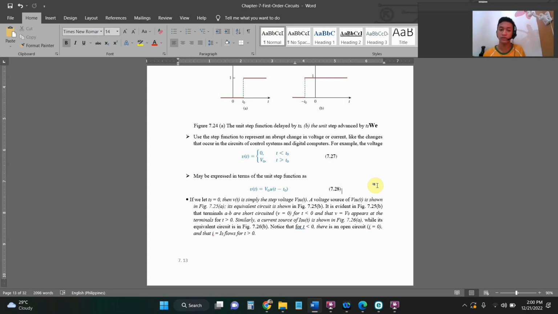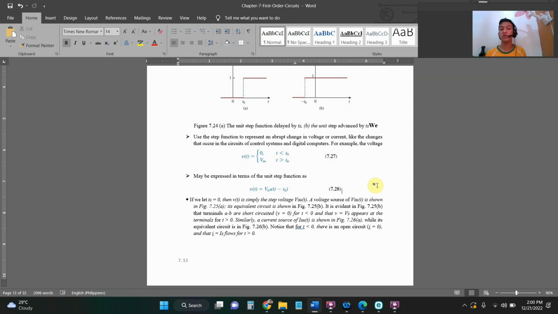For example, if the voltage is 0 when t is less than t sub o, and v sub o when t is greater than t sub o, it may be expressed in terms of the unit step function as v of t equals v sub o multiplied by u of t minus t sub o.